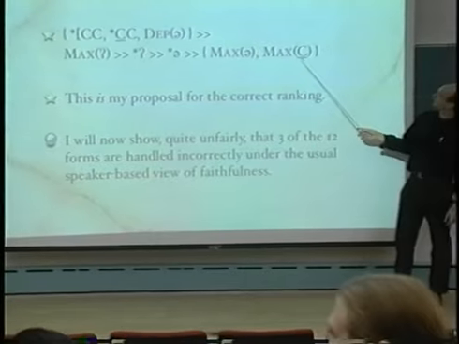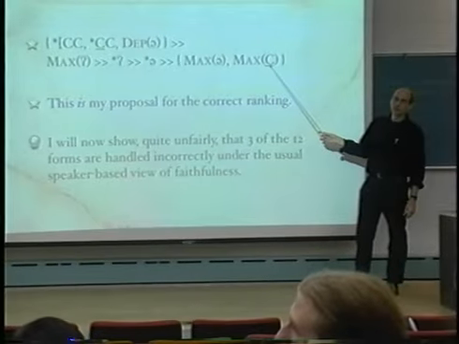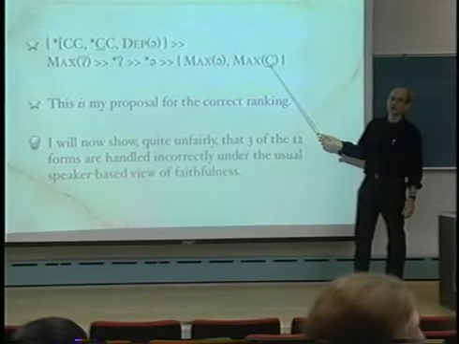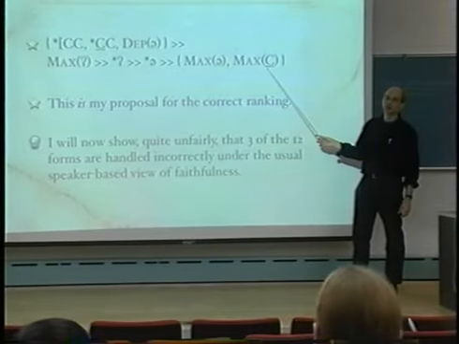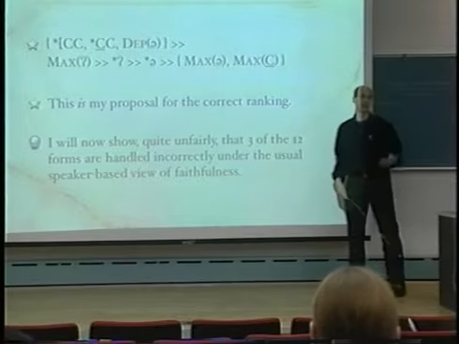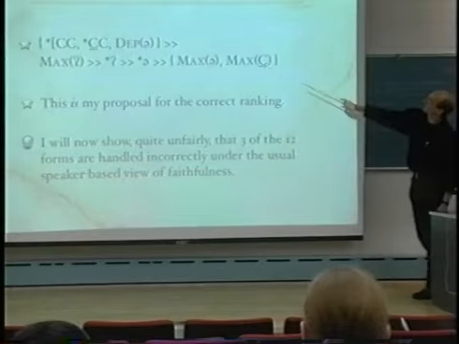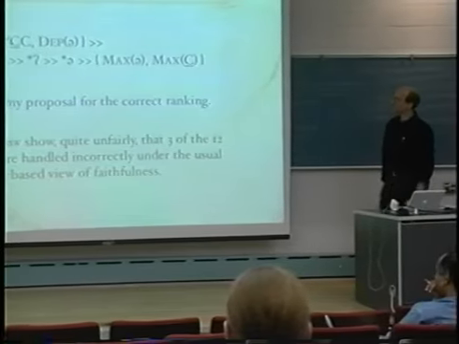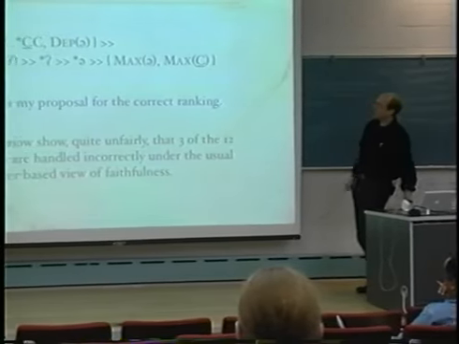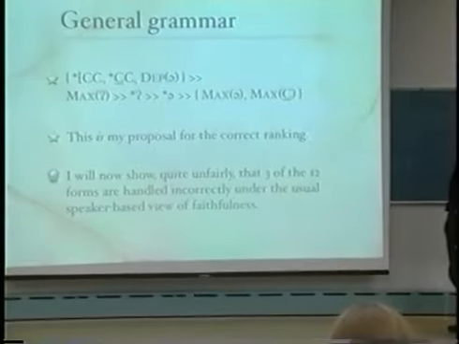And there's also a constraint I didn't mention yet, which wants a liaison consonant to surface. So it's satisfied in les hommes and it's not satisfied in les garçons and les hasards. So this is the liaison consonant. So this is the whole grammar. And yes, this is my today's proposal for the correct ranking.